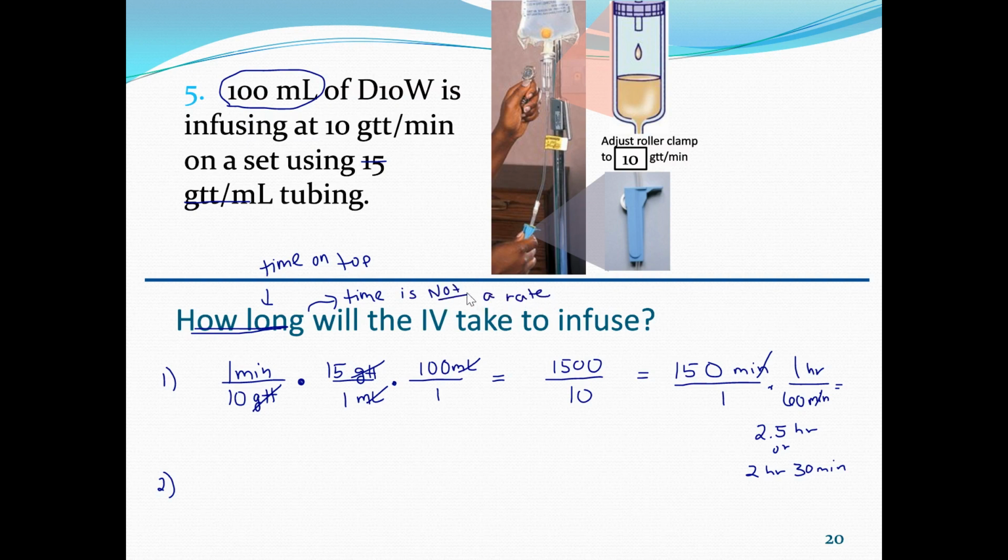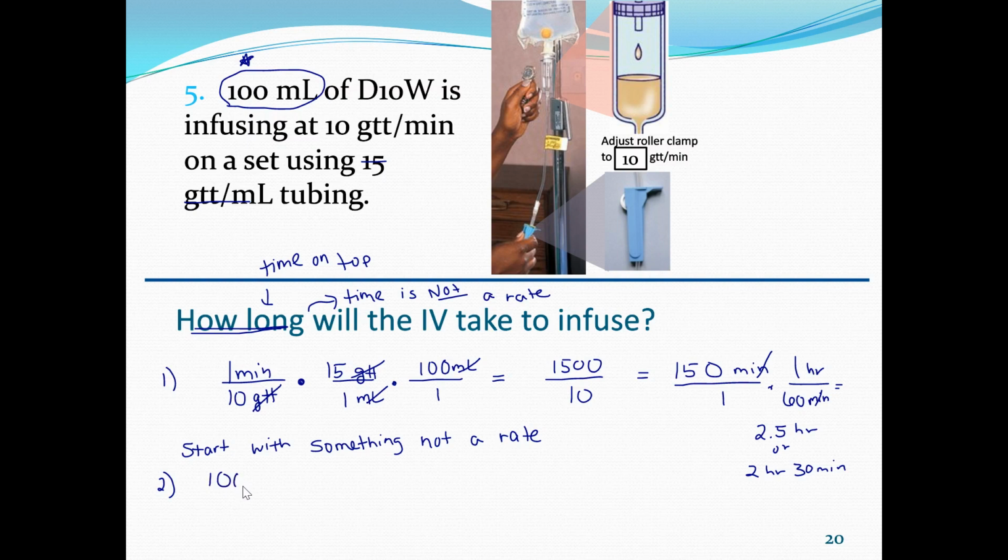And so since time is not a rate, I need to start with something that is not a rate. And the one thing in the problem that is not a rate is the 100 milliliters. That is just a number, not a rate.